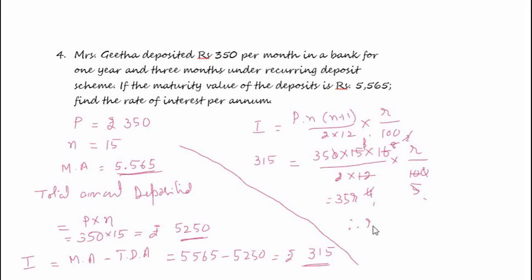Therefore, R is equal to 315 divided by 35. So let us divide by 5. 5 7s are 35, 5 6s are 30, 3 3s... 9 times. So rate of interest is 9%.